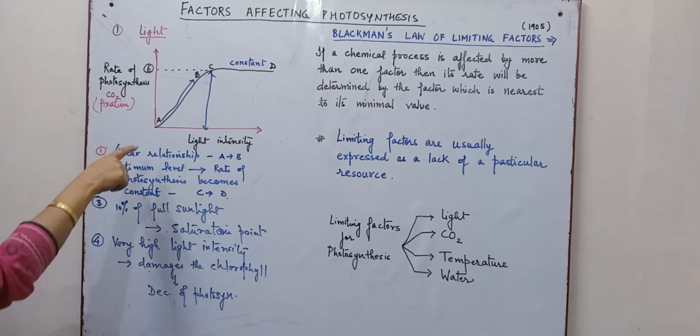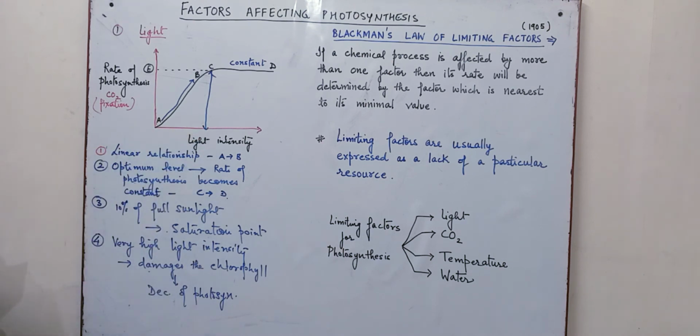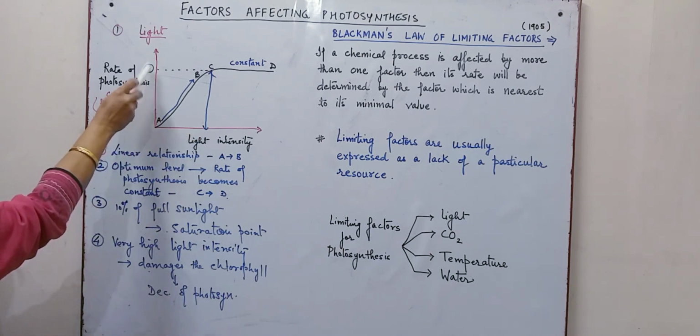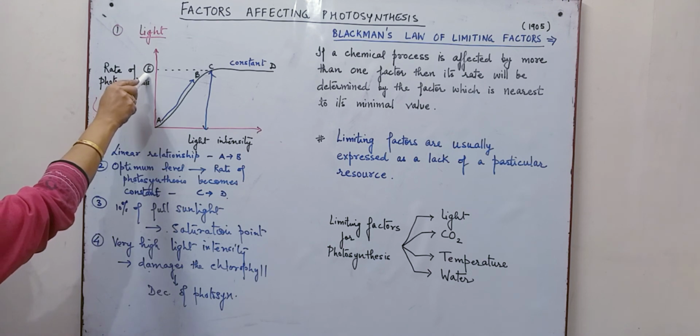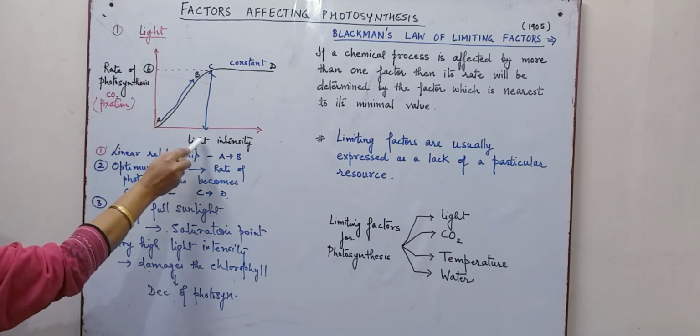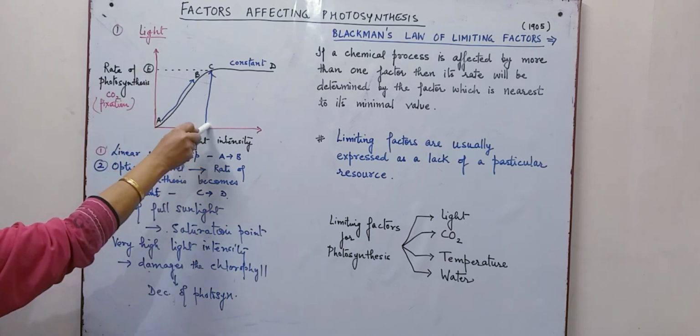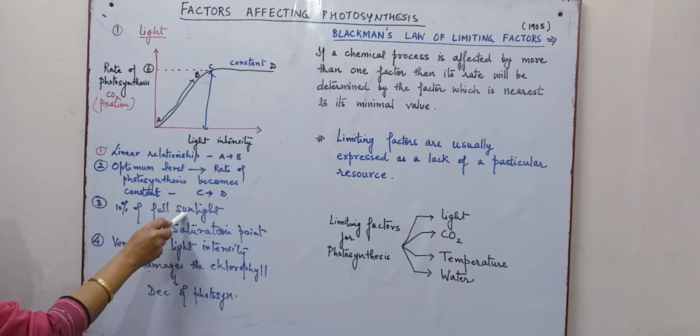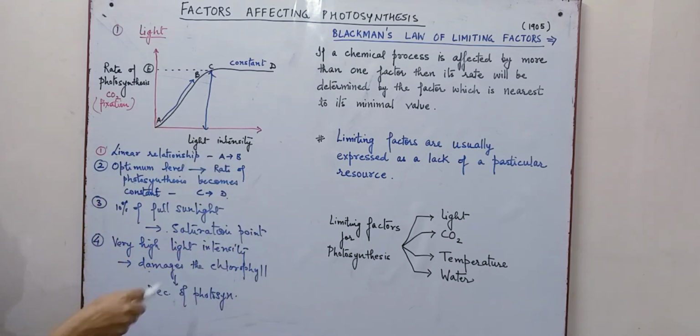Normally with increasing light intensity, the rate of photosynthesis or the fixation of carbon dioxide also increases, but only up to an optimum level, that is 10% of the full sunlight, the saturation point. Beyond that, light does not cause an increase in carbon dioxide fixation unless we increase the concentration of carbon dioxide or the temperature is increased.